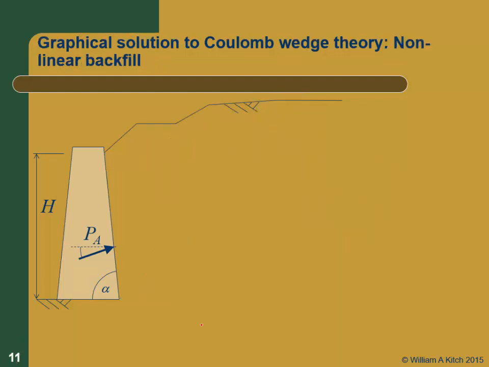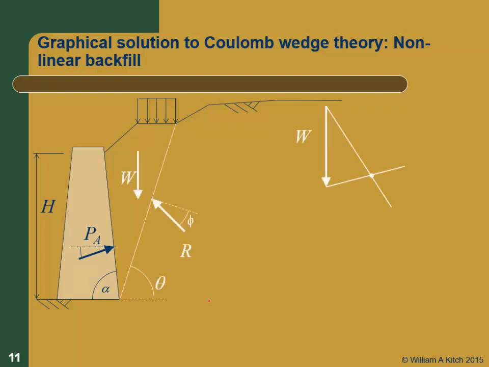But what's nice about this solution is if I have some non-planar back surface like this that might be stepped and it's got roads and all kinds of stuff in it, I can use the graphical solution. I don't need to have an analytical form for the weight. I am going to have to measure the area. And I can even have a surface load on there. That's no problem. So all I'm going to do in this case, so here's a wedge. I've got this weight here.